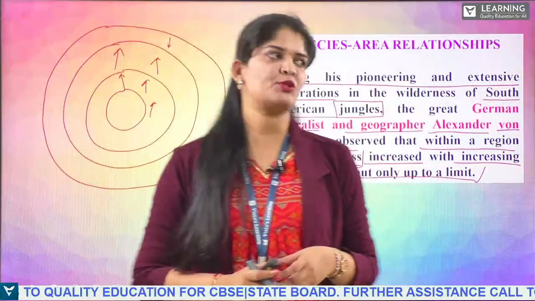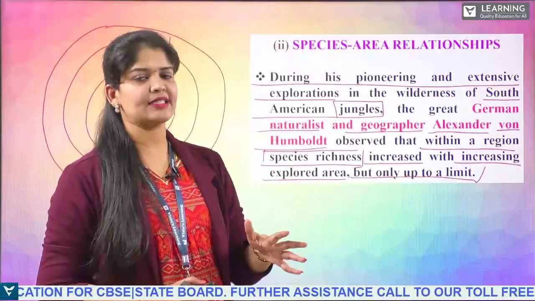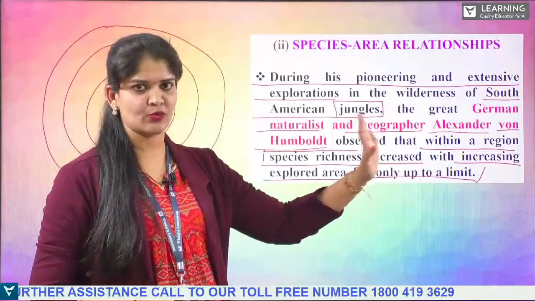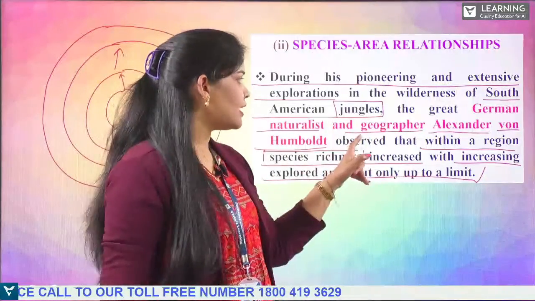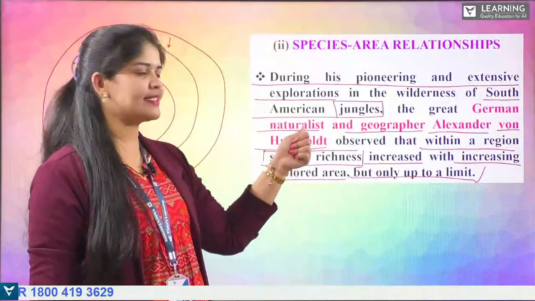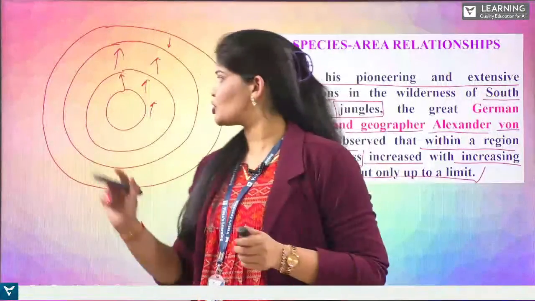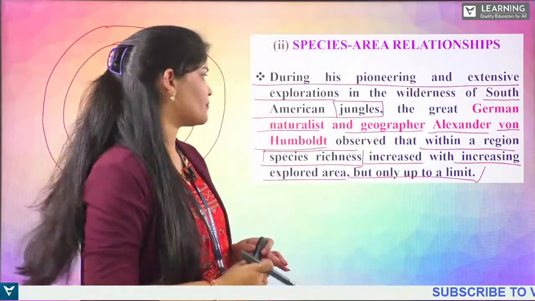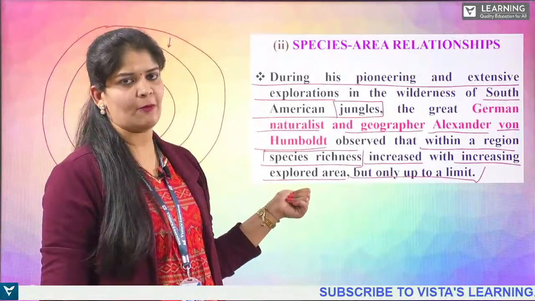That is his observation. To make you understand, try to understand the sentences with this explanation. Here he observed that within an area, within a region, species richness increases with increasing explored area.